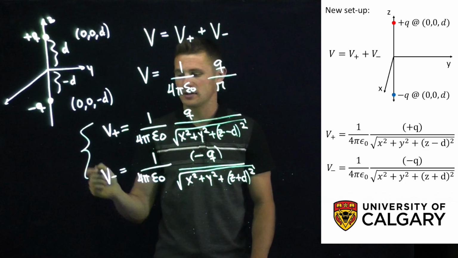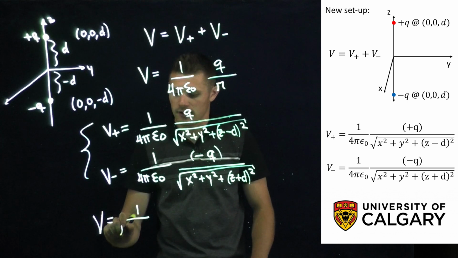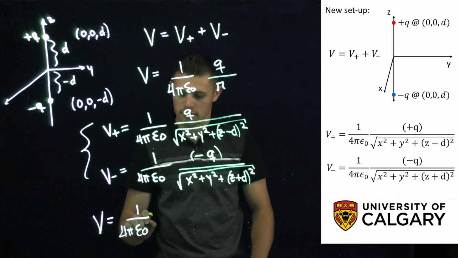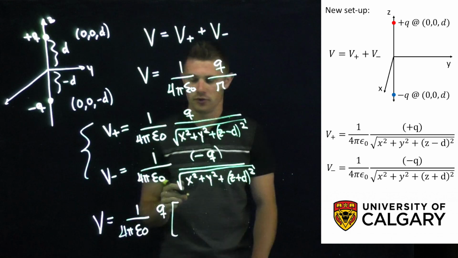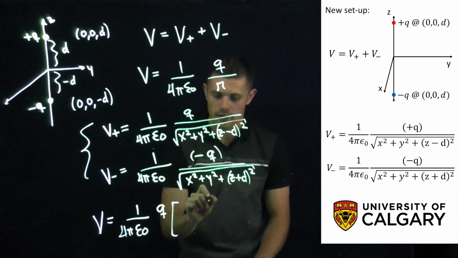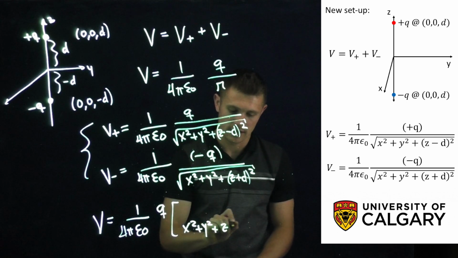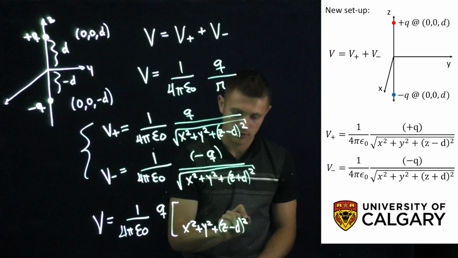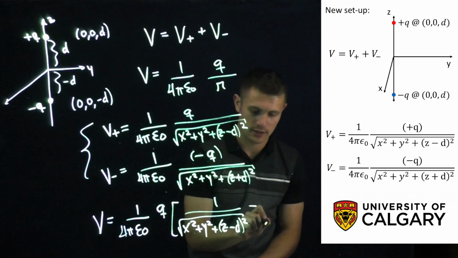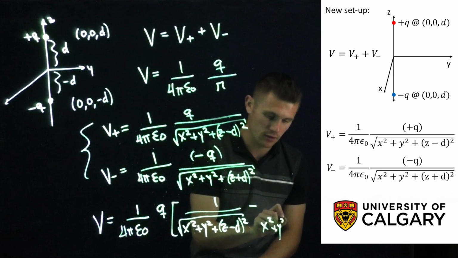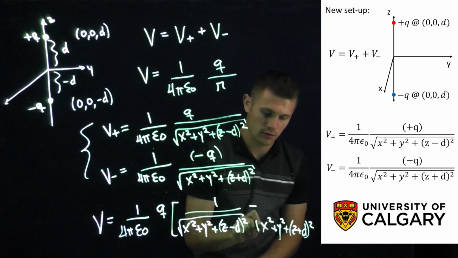So with these two potentials, we simply add them together to find that 1 over 4 pi epsilon naught. We can pull the q out because q is common between both if we say that it's the same magnitude. And we can say that it's 1 over the square root of x squared plus y squared plus z minus d squared, minus 1 over the square root of x squared plus y squared plus z plus d squared.